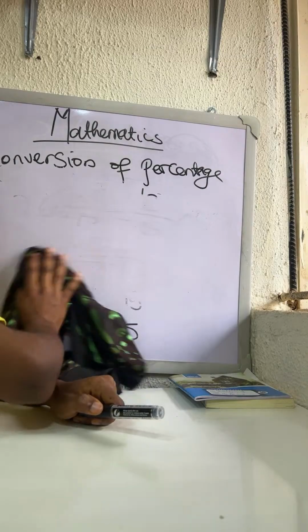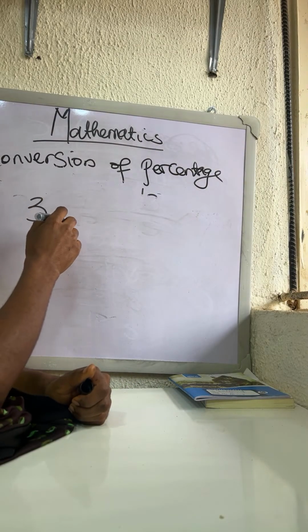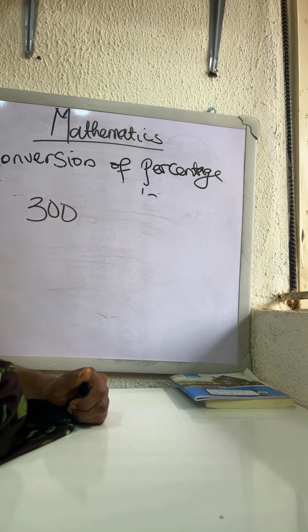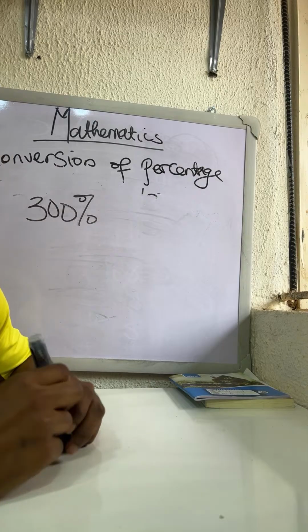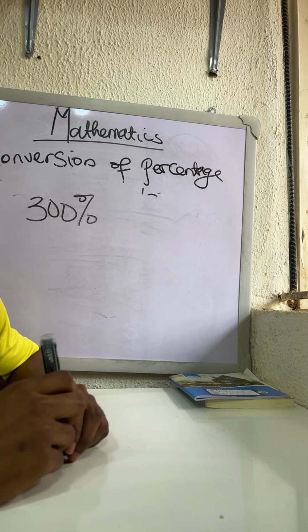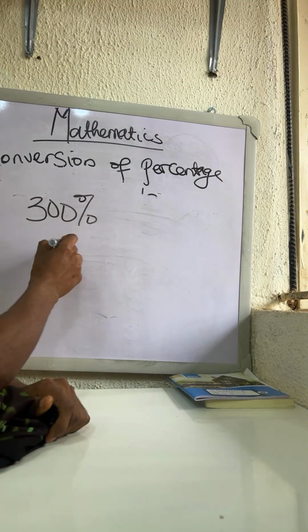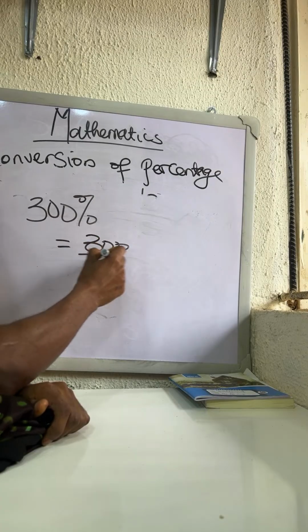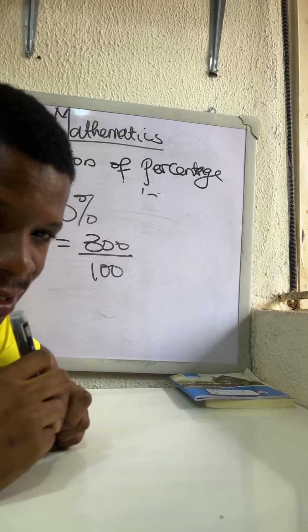Let's look at big numbers again. Let's look at 300%. Do you know what this one will look like? 300 over 100.